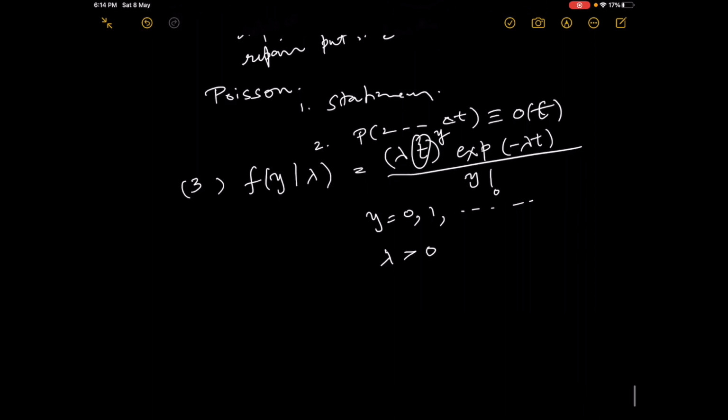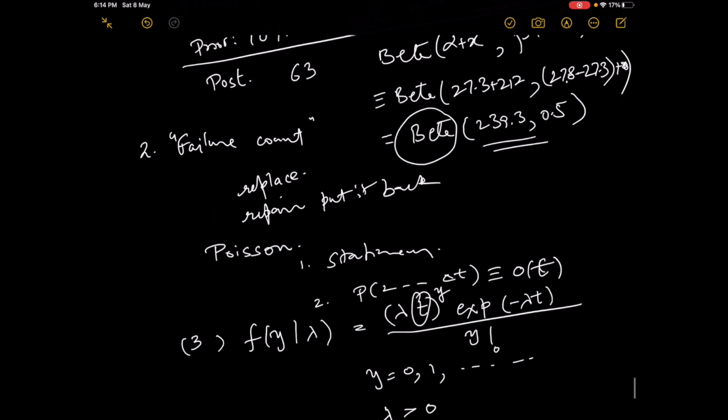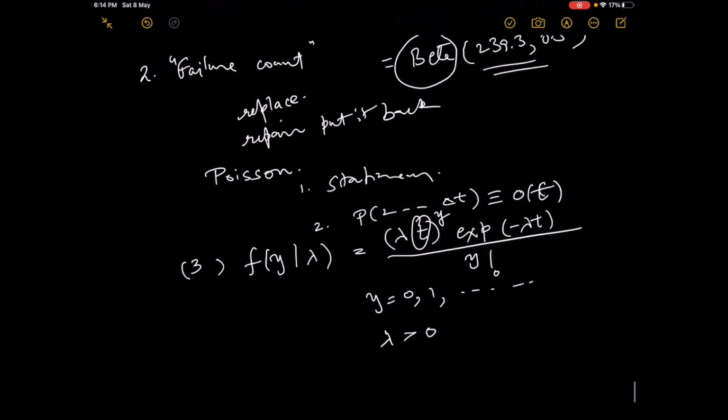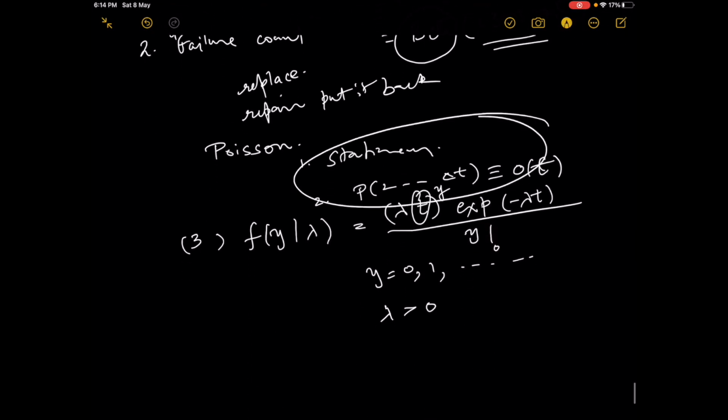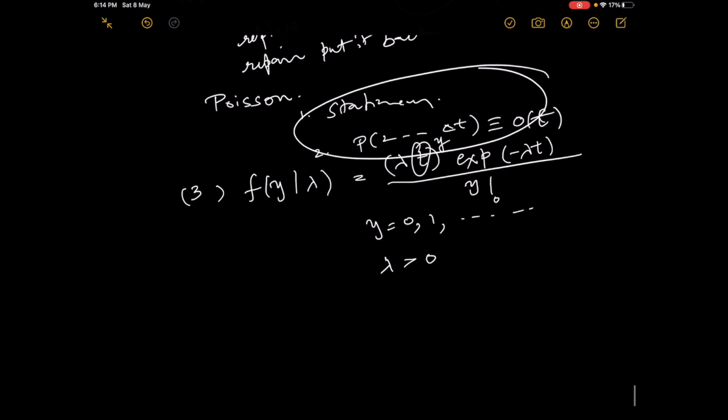So in addition to the two restrictions of the Poisson distribution, we must also take care of the fact that a huge restriction in using the Poisson model is that its mean and variance are equal.